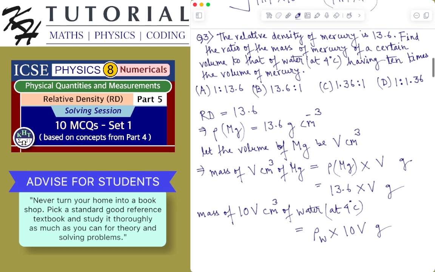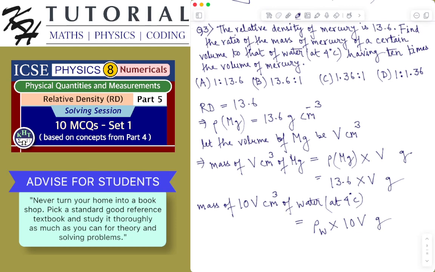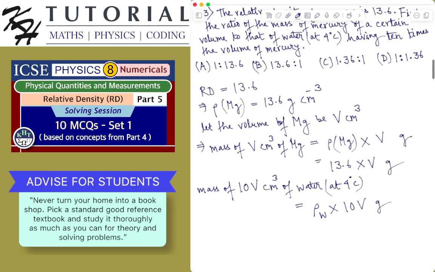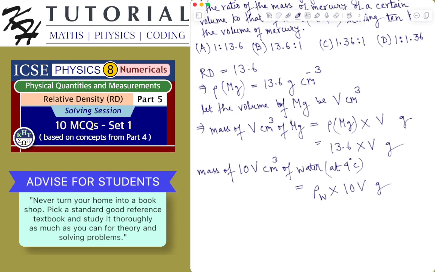Remember that we have to consider the density of the water in gram per centimeter cube, and we know the density of water at 4 degrees centigrade is 1 gram per centimeter cube. So this will be 1 multiplied by 10V, which is equal to 10V gram.